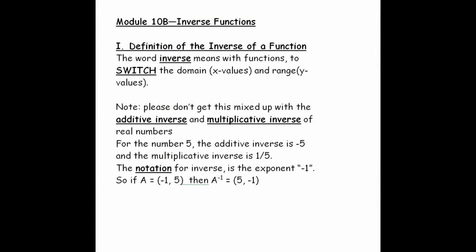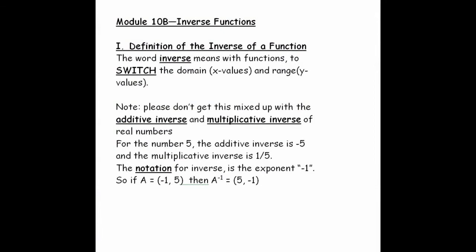So, from the previous module, in 9, we learned a composition. A composition is when you take a function and substitute it into the other function. So what we're going to do here is we're going to have two functions. f of g of x means to start with g of x and substitute that into f of x.